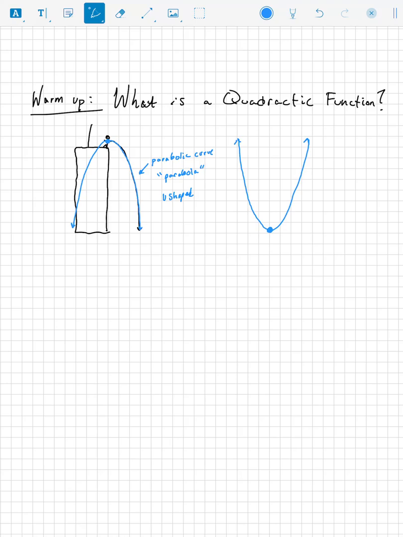Now, a quadratic function actually is always of the form f of x, or any letter of x, is equal to ax squared plus bx plus c, where a is always greater than 0.